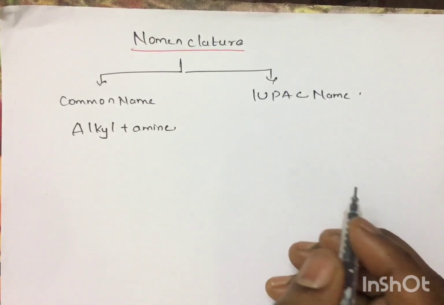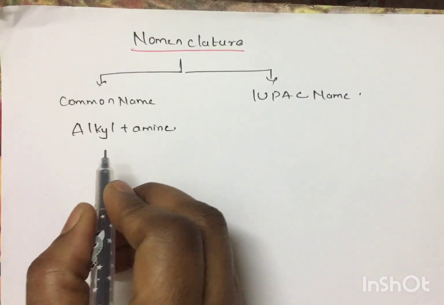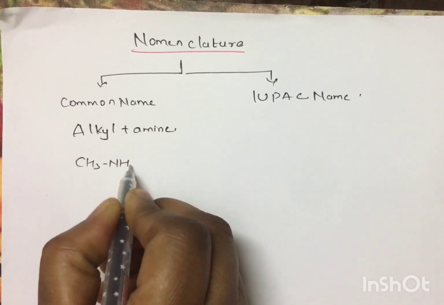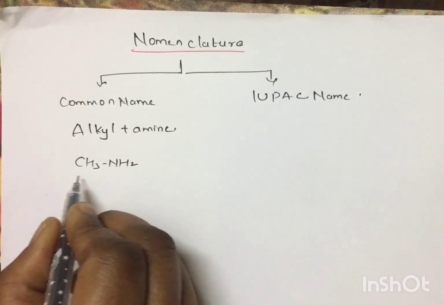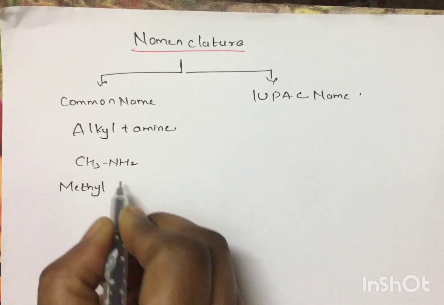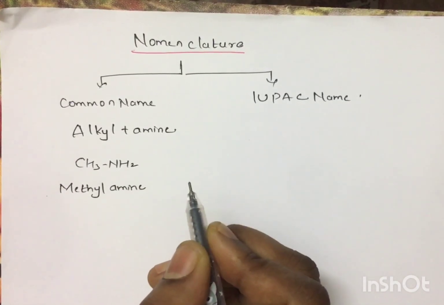Alkyl and amine. For example, if we have CH3NH2, this alkyl chain is one carbon chain, so we call it methyl, and amine is added to it. So, methyl amine.